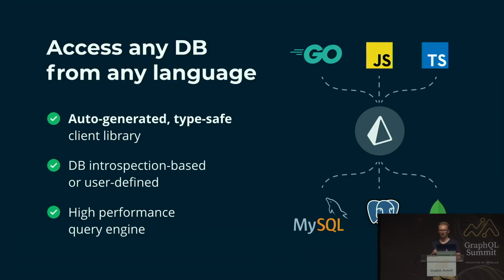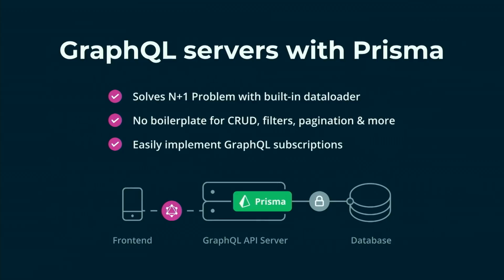So with Prisma, you can basically auto-generate a type-safe database client for any kind of language, for any kind of database. You can either use your existing database and introspect that, or you can start from scratch and evolve your database on your own. Prisma generates that client library for you, and Prisma's query engine allows you to efficiently resolve data from various data sources.